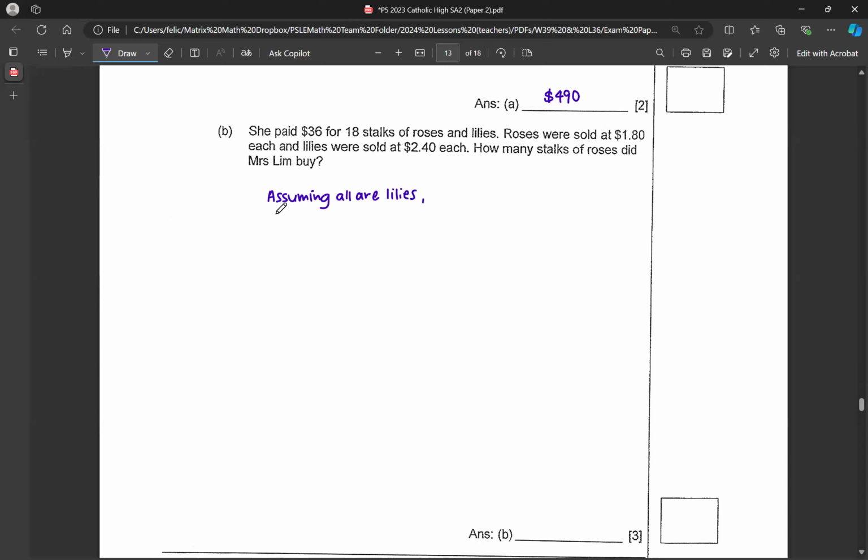Now when I assume all are lilies, I need to find the cost of the 18 stalks of lilies. We call that the total cost. Simply take your 18 stalks, multiply by the cost of a lily. A lily is 240.